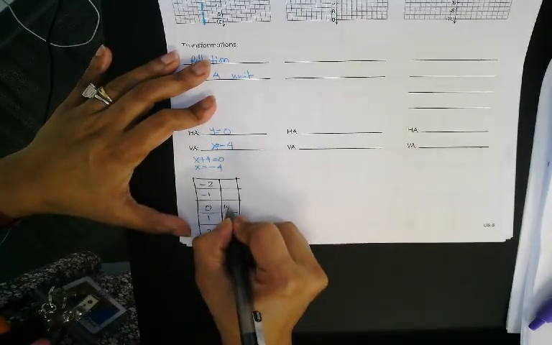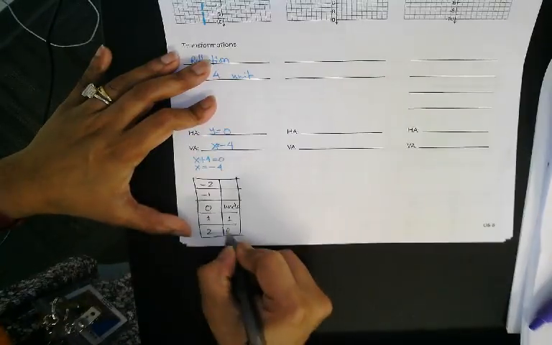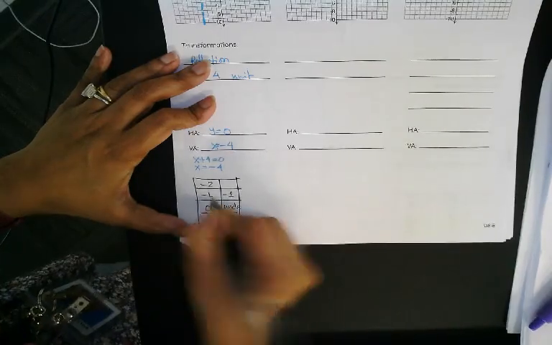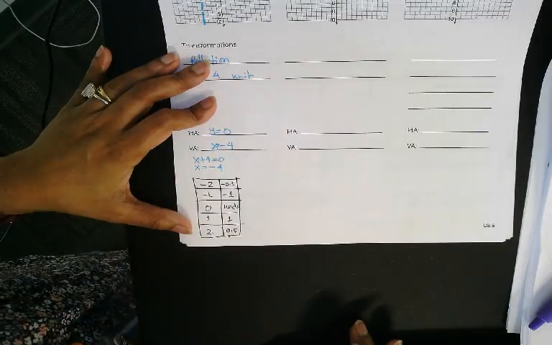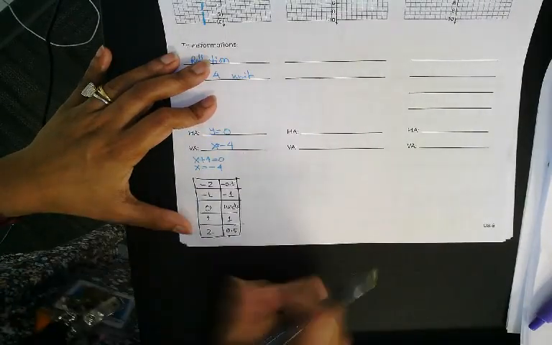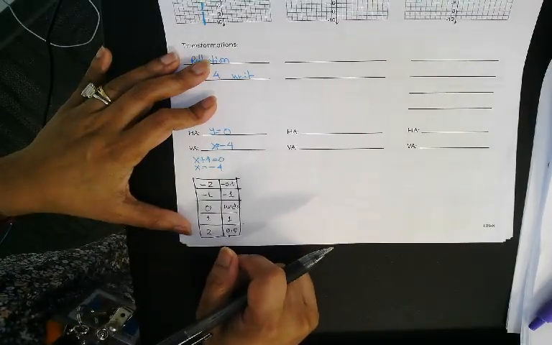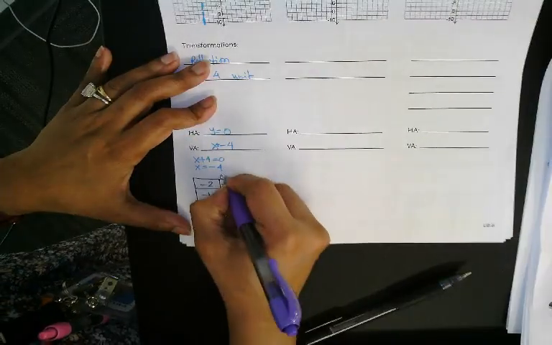And this value is undefined. This is going to be 1. This is going to be 0.5. Negative 1. Negative 0.5. We good up to here? I just took the original table. So what should I do first? Change all the y values. Let's change it. Everything stays the same.